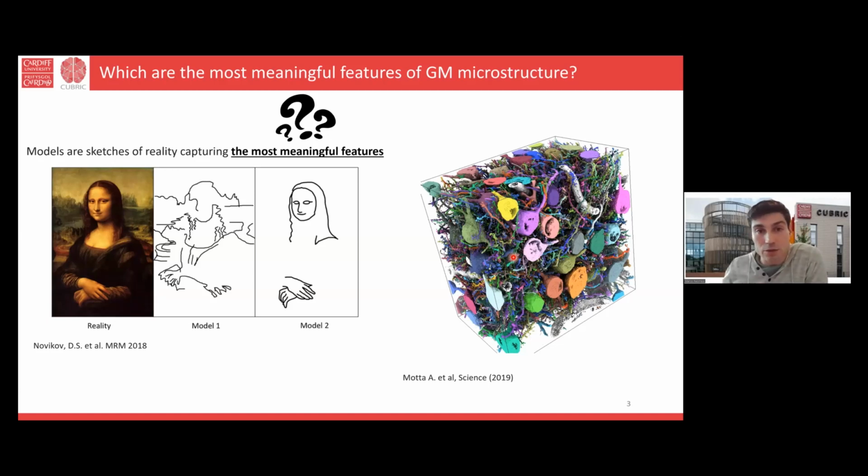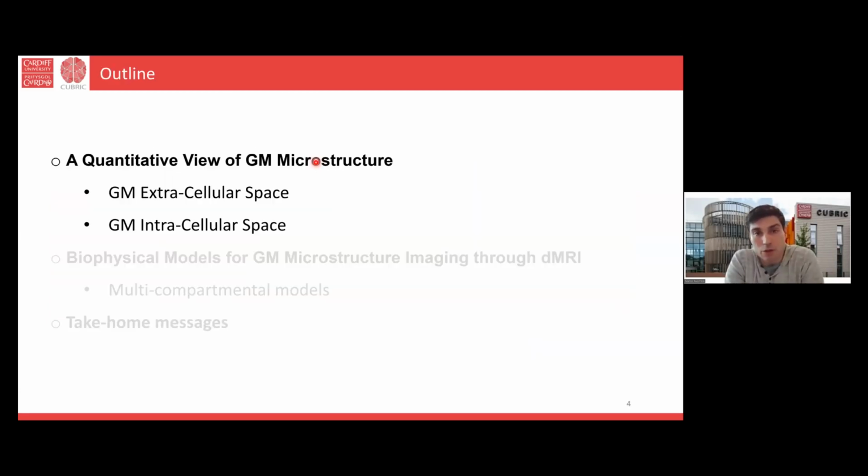So answering this question is extremely difficult for gray matter, and that's why the modeling field is still a very interesting open field and vastly unexplored. In my talk, I'm going to focus on first the microstructure, and so I'm going to do a quick review, a brief review of what we know about the gray matter microstructure and what we know about the microstructural features, all of them.